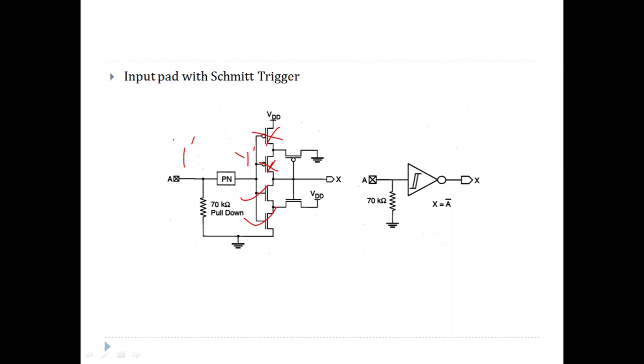As both of these are on, the voltage at this point will be 0, and the voltage at this point will be 0. Because this is 0, this is on, right? As the 0 appears here, we will have 0 volt here, right? So input was 1, again it got inverted to have 0 over here.